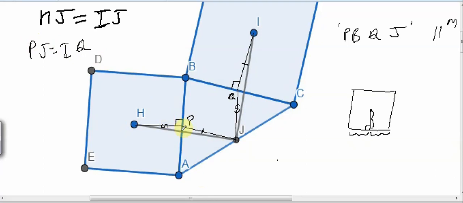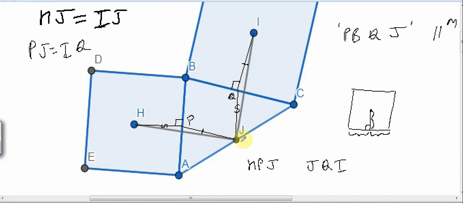So in the triangles HPJ and JQI, we have two sides equal in length, and we will show that the angle in between these two sides is equal. Now this is 90 degrees.